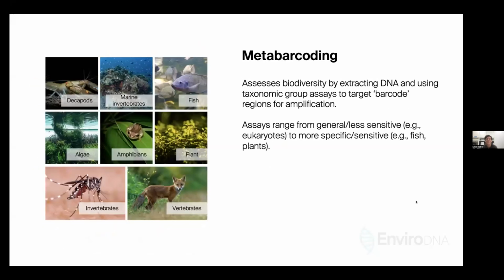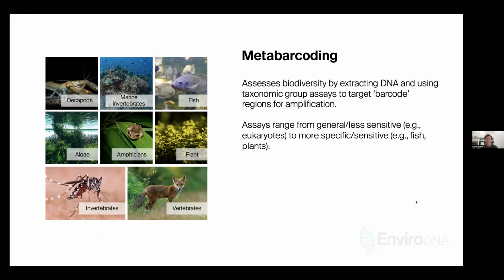And then there's what we call metabarcoding, which is this broad spectrum approach where we will try and amplify things that are conserved enough across a target group that we can actually amplify them in the lab, but they are different enough among species that we can then align them to a reference database and put labels on them at some resolution, usually species level for the organisms shown here.